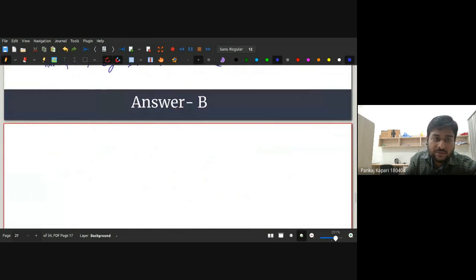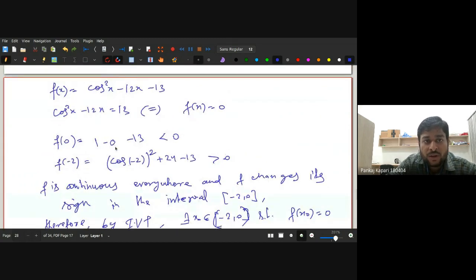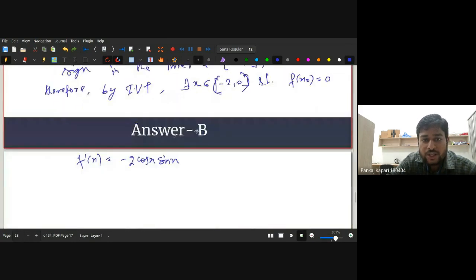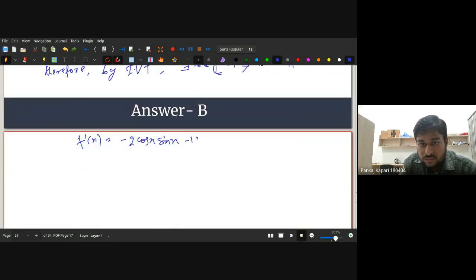So for that, let's find out what is the derivative of the function. This kind of question I have already discussed before. So what is the derivative? It is just minus 2 cos x sin x minus 12. Okay, not minus 2, it is minus of sine 2x minus 12.